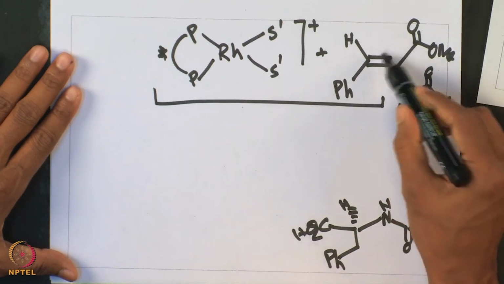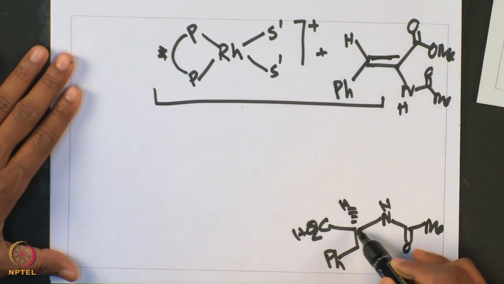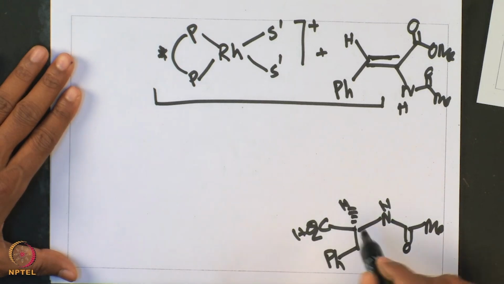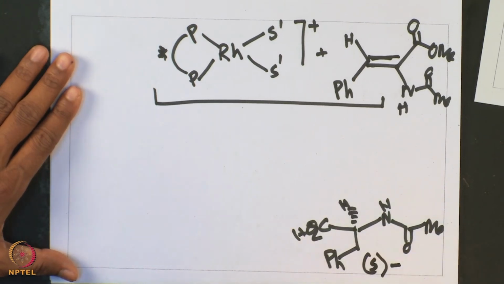NHCOMe. So, essentially this olefin double bond is now getting hydrogenated. One of the hydrides is coming over here, another hydride is coming over there. So, this is the S product and that turned out to be the major product.